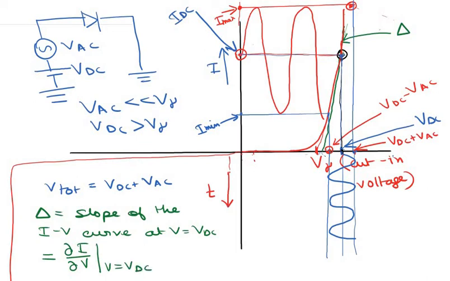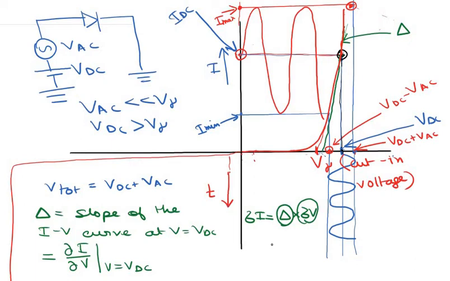So I basically measure the slope of this curve, and after measuring the slope, how do I find the small change in applied current? The small change in current is delta I equals the slope delta times delta V. So if delta V is the small increase in the applied voltage, then the small increase in the total current is this delta V times the slope of this IV curve at V equal to VDC.